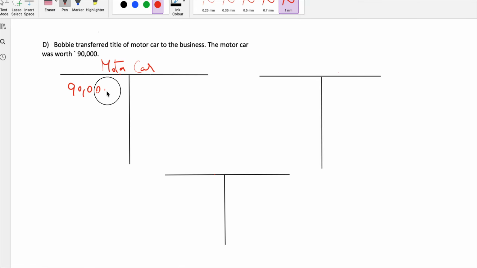So it's an asset. There is an increase. So we'll debit it. So he is transferring in the form of capital. Okay. So initially, remember, he's got office equipments, cash, and now he is transferring motor car. So capital has to be credited.